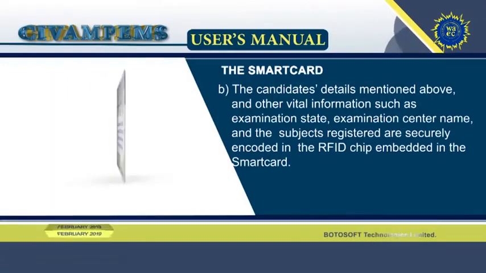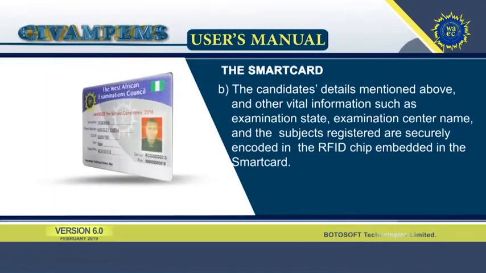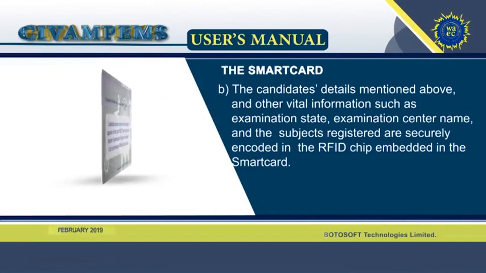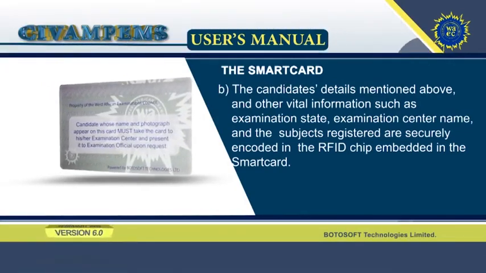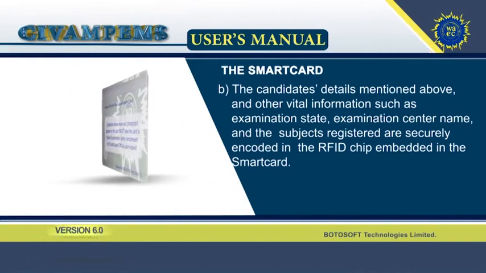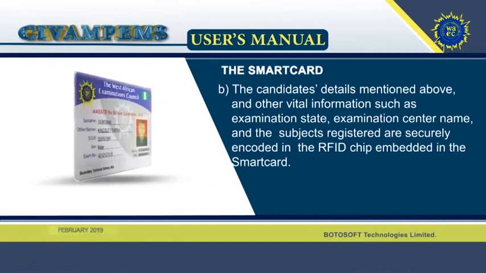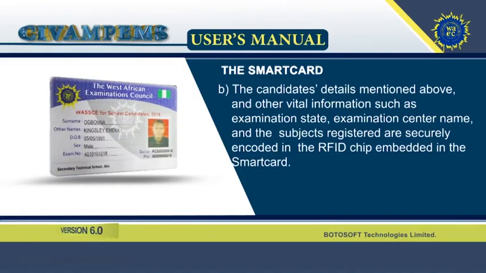The candidate's details mentioned above and other vital information such as examination state, examination center name, and the subjects registered are securely encoded in the RFID chip embedded in the smart card.